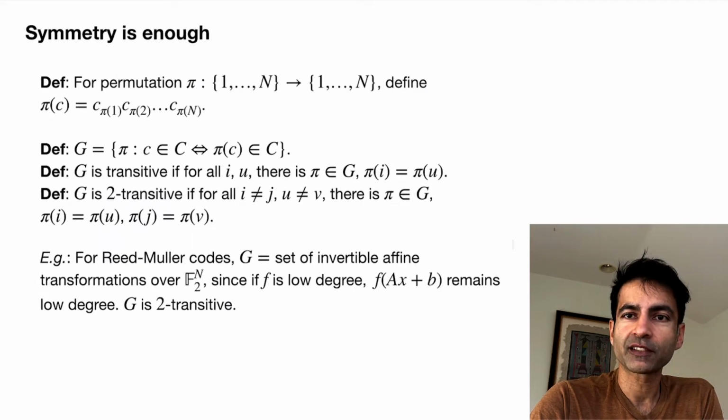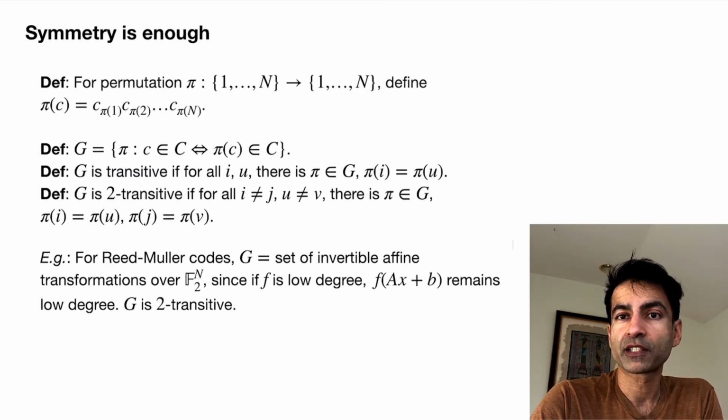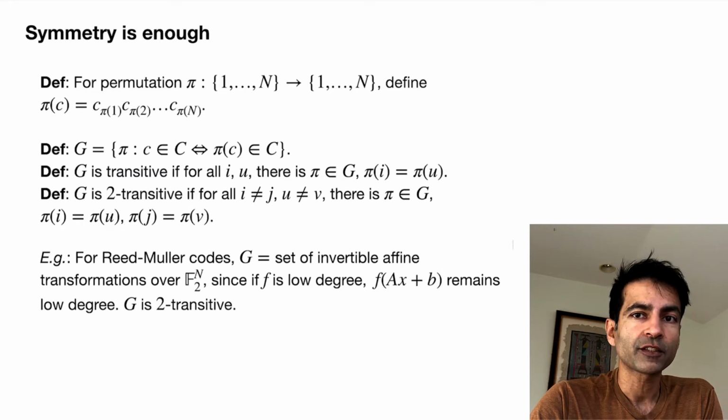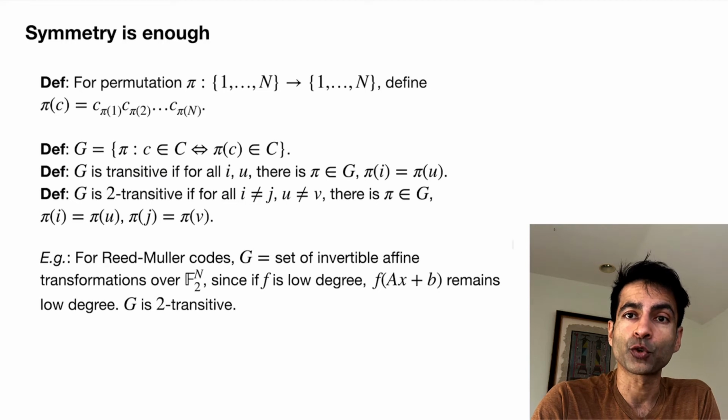And it turns out the result is actually much stronger. The result is not going to use anything too specific about Reed-Muller codes. It turns out that any linear code that is sufficiently symmetric will enjoy the same features. And that's really powerful.